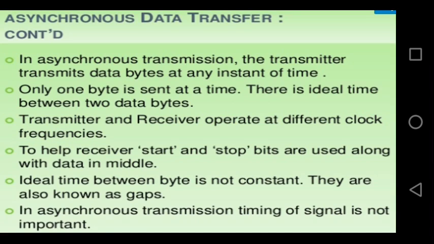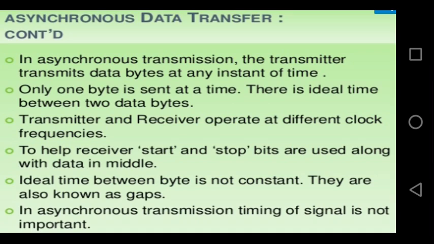In asynchronous data transfer, the sender or transmitter transmits the data bytes at any instant of time. There is no common clock, so there is no concept of clock pulses.